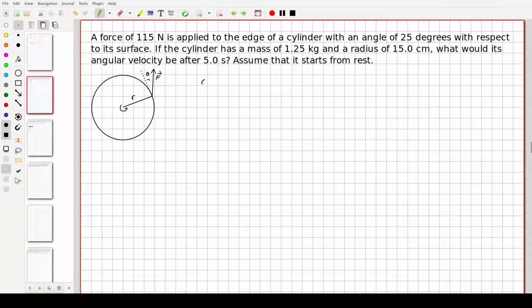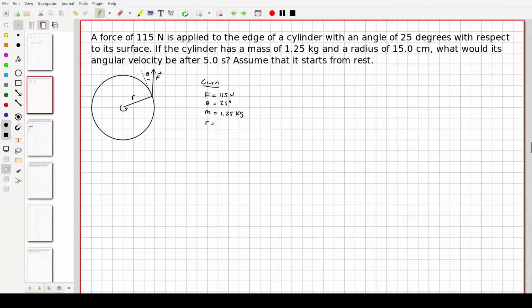So what we're given here is a force whose magnitude is 115 newtons. We're given the angle of the push, which is 25 degrees. We're also given the mass of the cylinder, 1.25 kilograms.